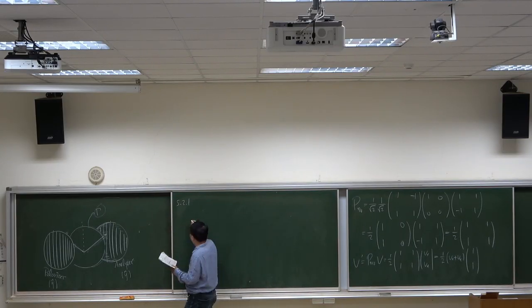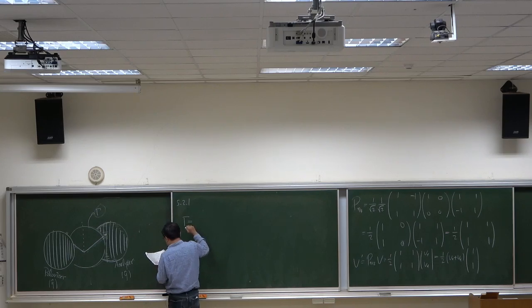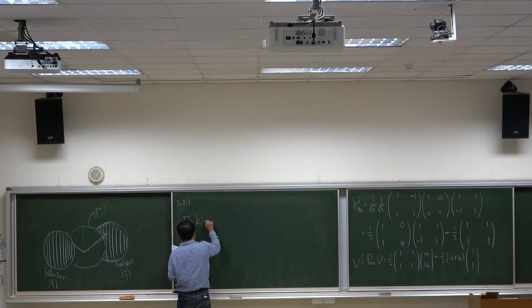arbitrary gamma. Gamma is just this. We see that it is Ks minus Kf times the thickness.